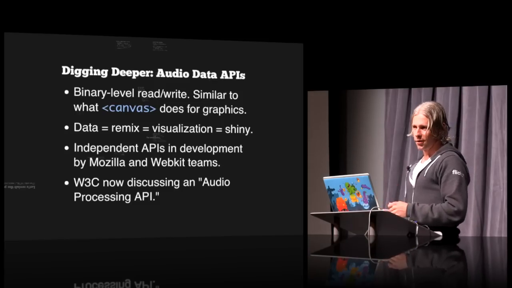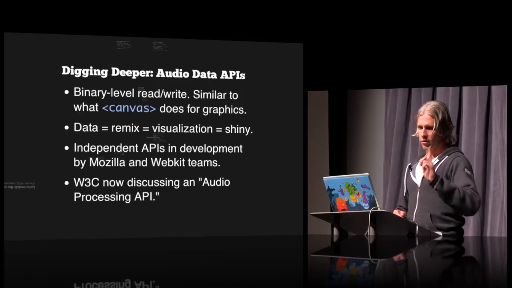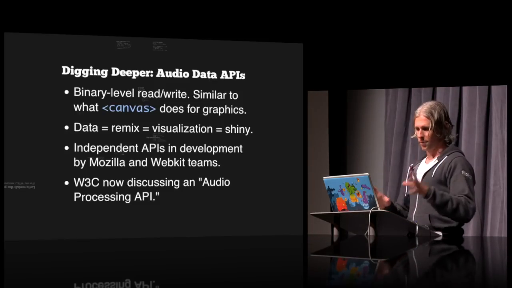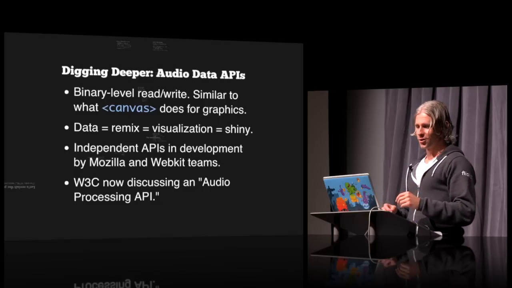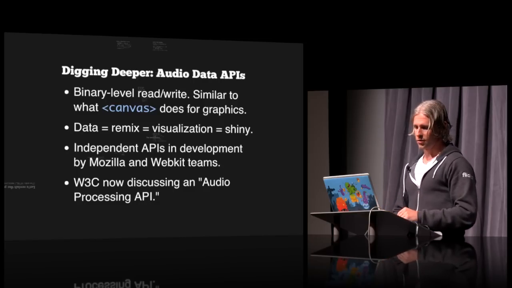And what happens when you give developers the data, like with Canvas, you see these beautiful visualizations. When you allow those same people to take audio data and do I/O and combine this with Canvas, you get some pretty interesting and shiny visualizations.